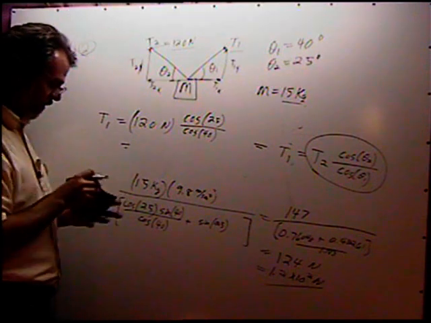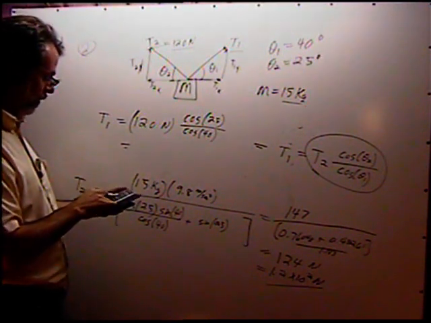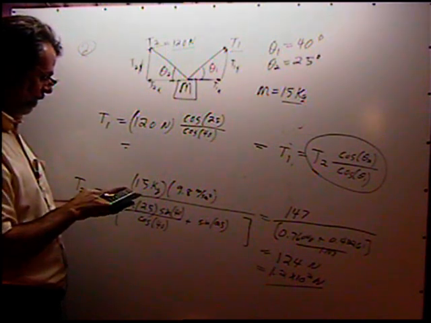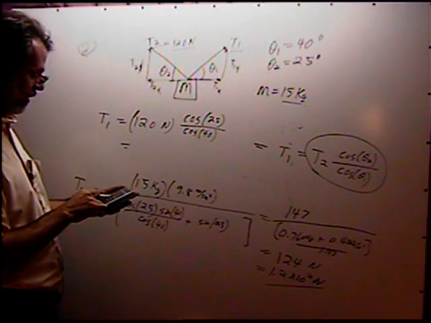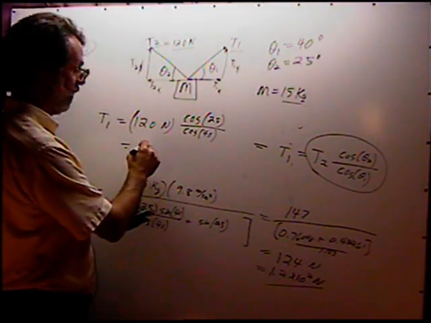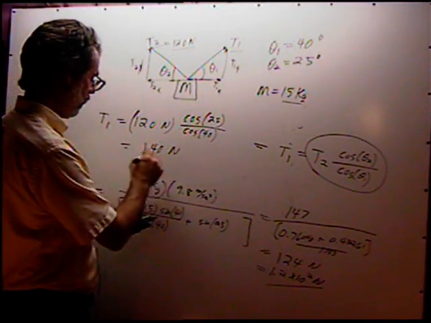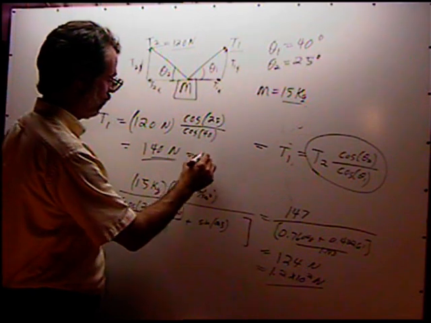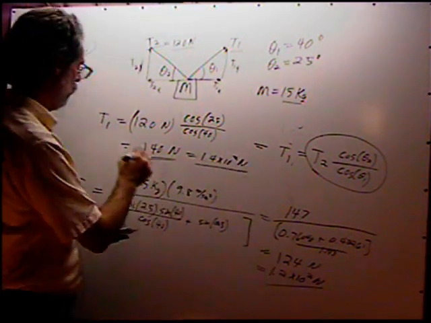And here I would get 120 times cosine 25 divided by cosine 40, and I get 140 if I round off to two significant figures. So this would be 1.4 times 10 to the second newtons for T1.